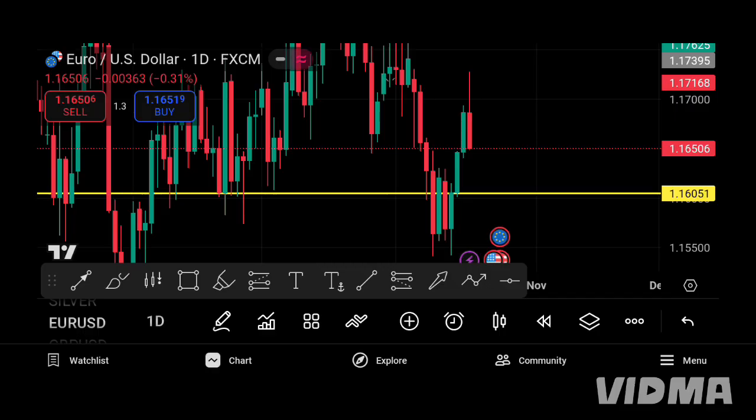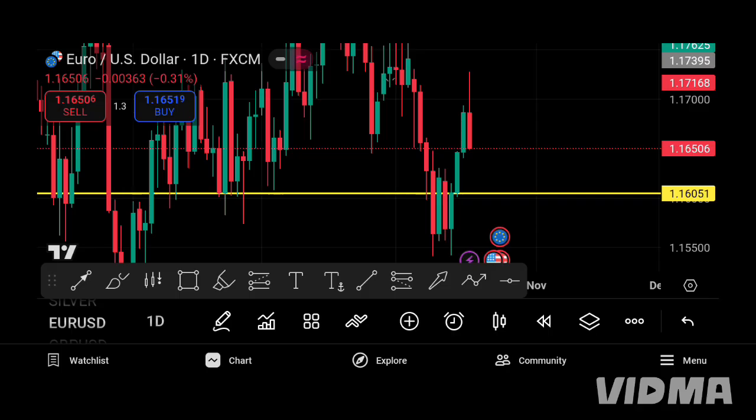The same thing you do here on the daily time frame is what you are also supposed to do on the lower time frames, or the entry time frames. After the candle sweeps liquidity, you wait for it to close, then you enter.